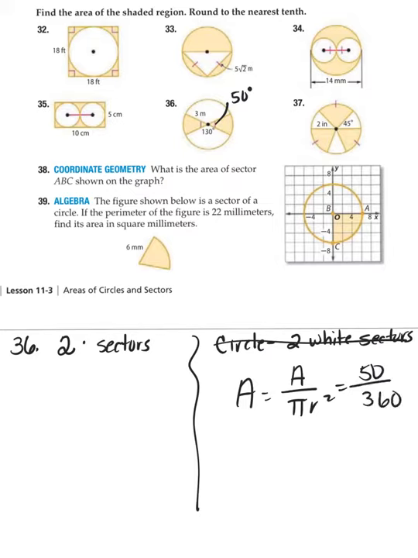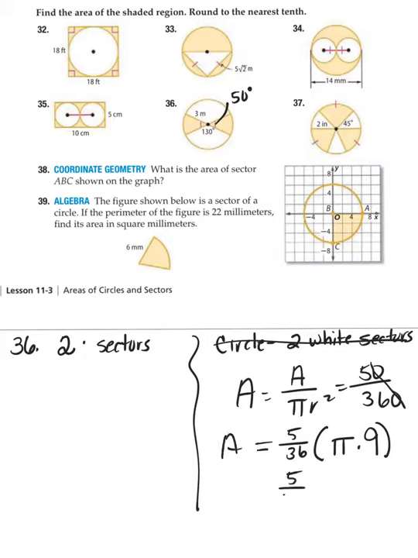So if I reduce this, 5/36 and multiply that by pi r squared, which is pi, and my r is 3, so times 9. That should be my area.